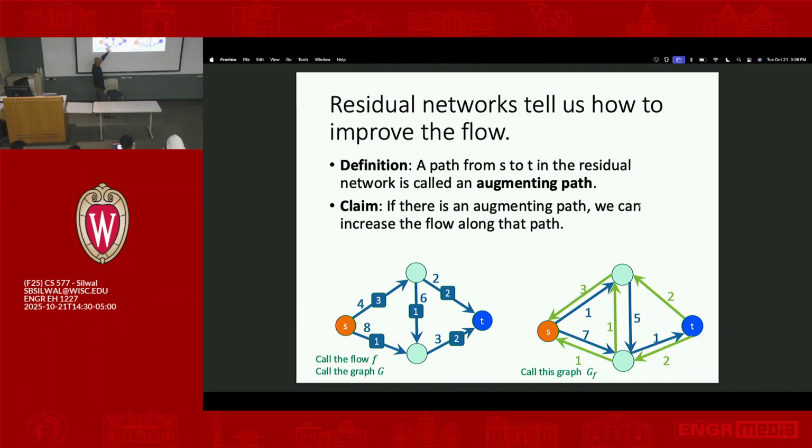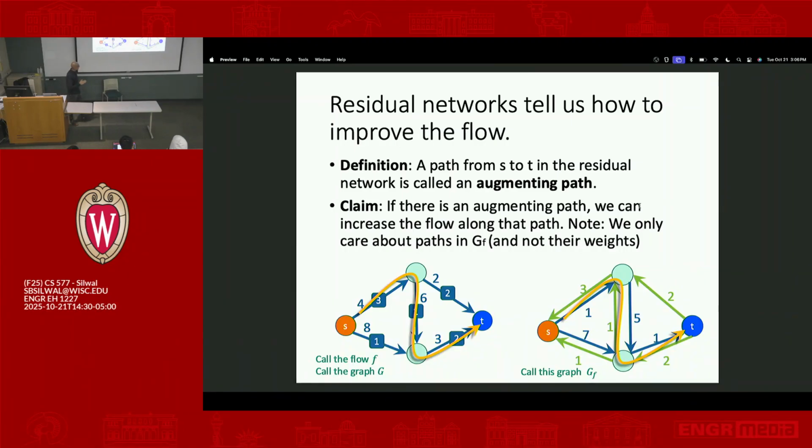Well, what I do is I say, look, there is a path from S to T. I go on this one edge, 5 edge, and 1 edge. That's a path. And this path actually corresponds to a way to improve the flow, because if I follow these 3 edges, it's saying I can actually send one more unit of flow here, one more unit of flow here, one more unit of flow here. So that's the augmenting path.